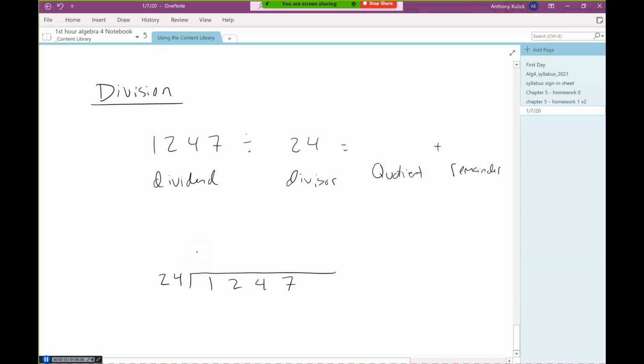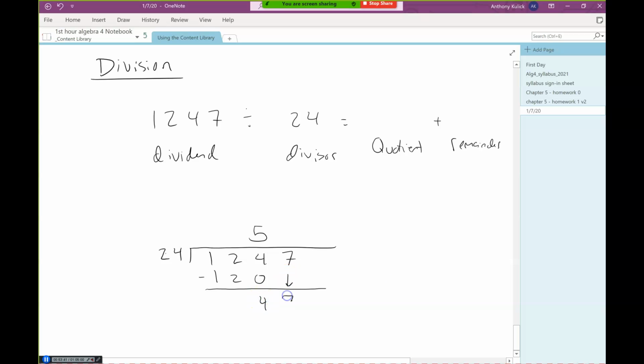Yes. And then we want to find the most times 24 can go into 124, which is 5. And then we'd write a 5 here. And then we do 5 times 24, which is, what, 96 plus 24, so 120. And then we'd subtract that down.